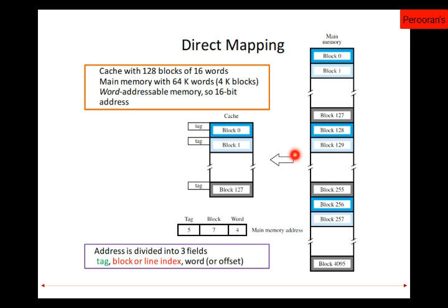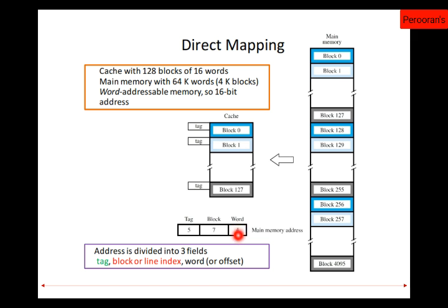I told you 16 words are there. In the cache memory, we have 128 blocks of 16 words. So how do we select the 16 words? For that, we use the low order 4 bits from the address part to select that word.